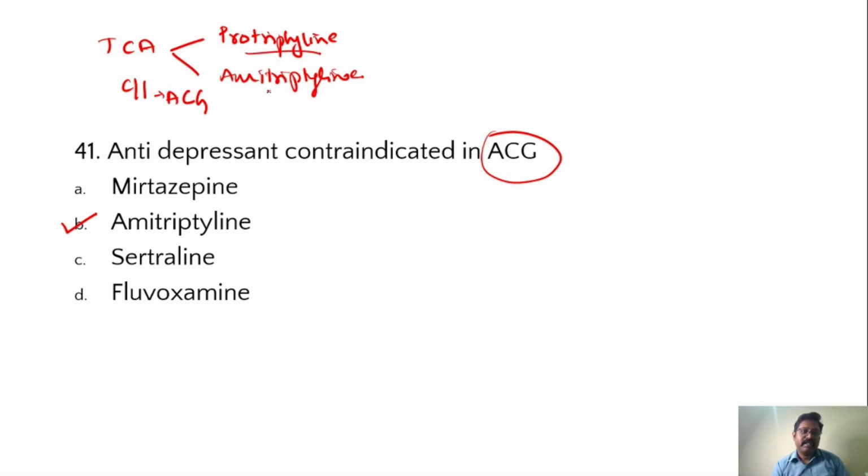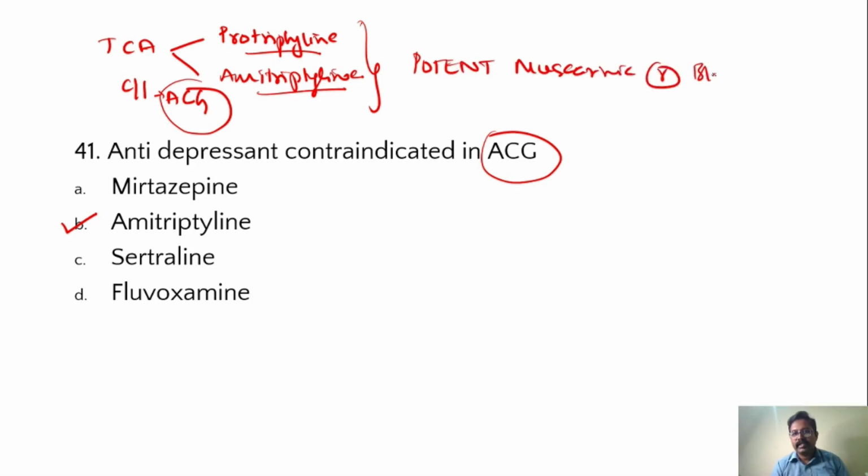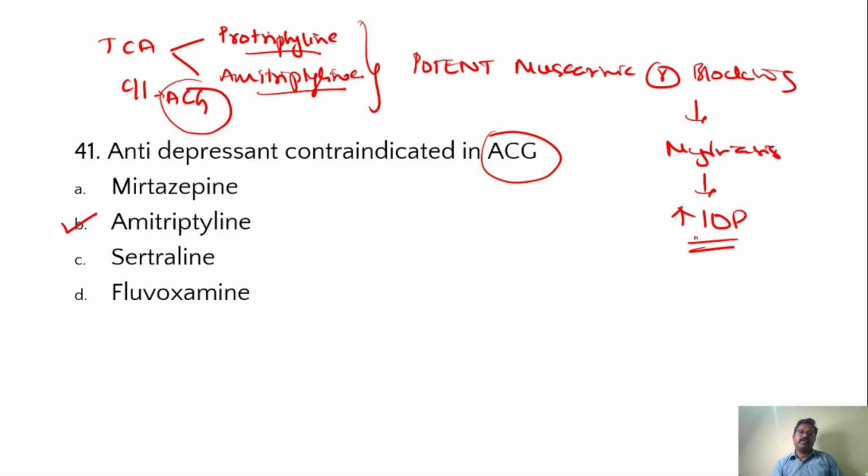Why protriptyline and amitriptyline are contraindicated in patients who are having angle closure glaucoma means basically they are having potent muscarinic receptor blocking action, thereby it will lead to mydriasis, which can cause further increase in the intraocular pressure by blocking the iridocorneal angle for aqueous outflow.